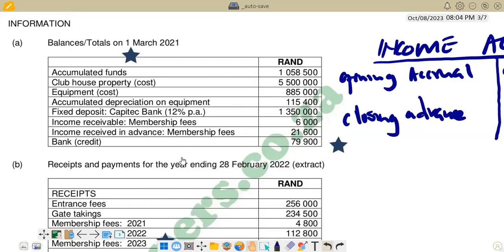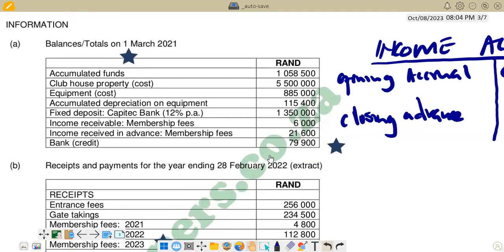Remember, our membership fees account is an income account. We are given opening balances: income receivable, and income received in advance of membership fees. Income receivable means this is the balance owing for membership fees, the accruals that we haven't yet received at the beginning.